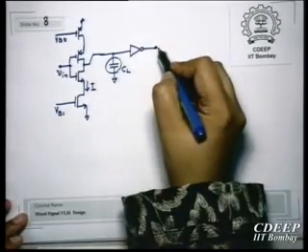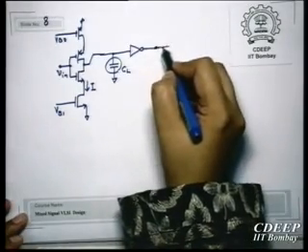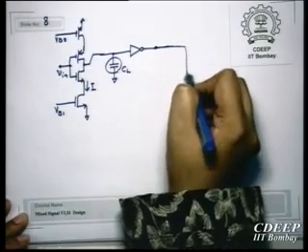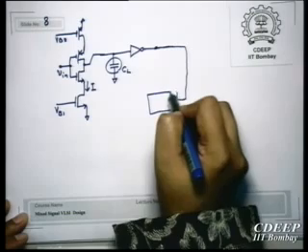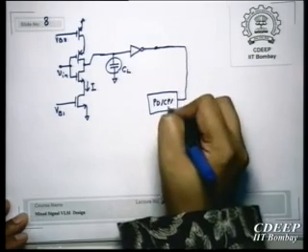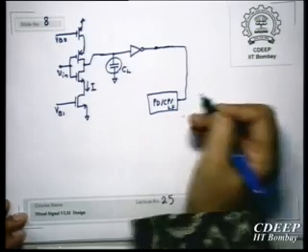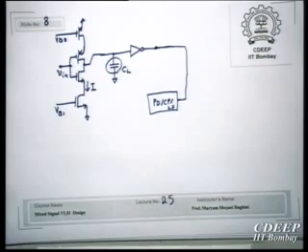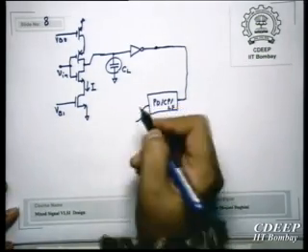And this is in fact your VCO. Now this will go to the phase detector, right? This is the last stage of this ring oscillator.